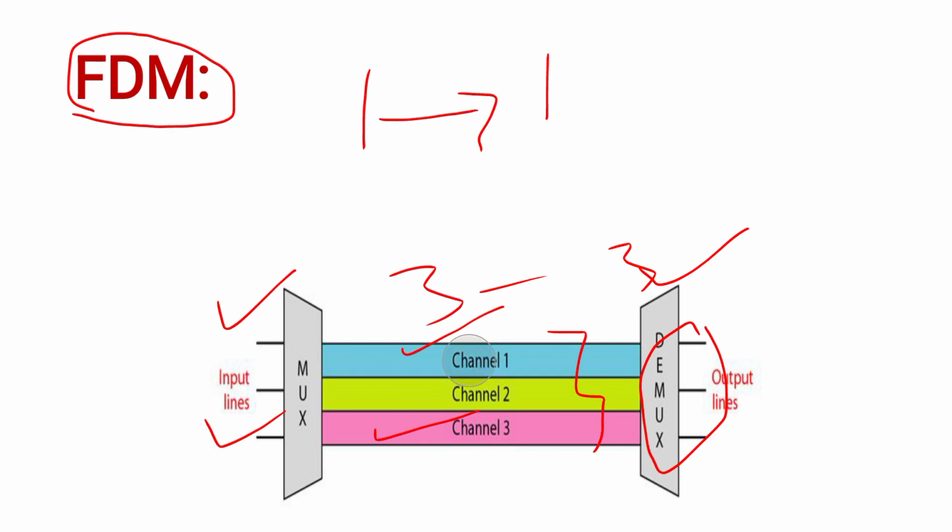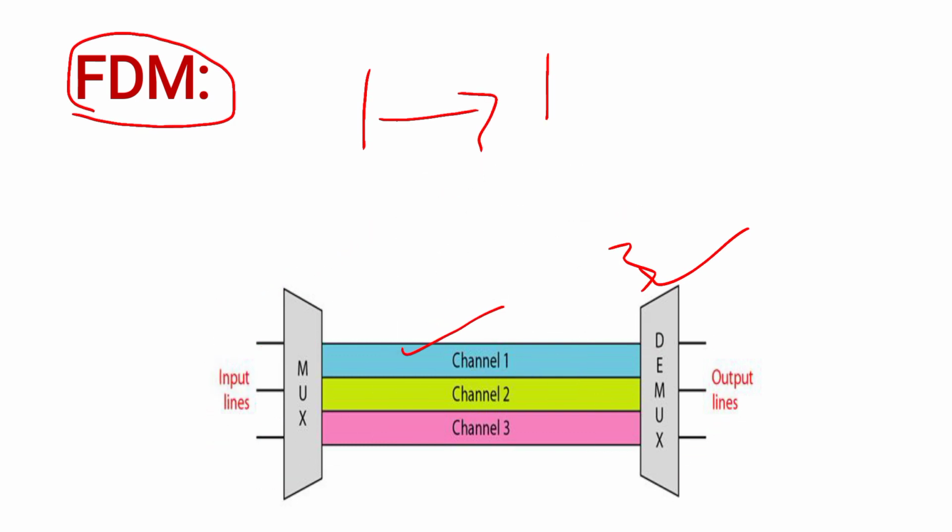This first user can only access this first channel and his information is transmitted through this channel, and the second user is going to transmit his information through the second channel, and the third user uses this third channel. That means here I am going to allocate different channels for different users.